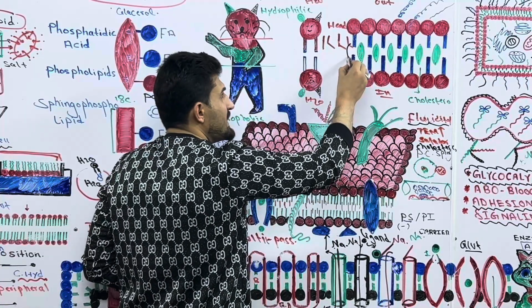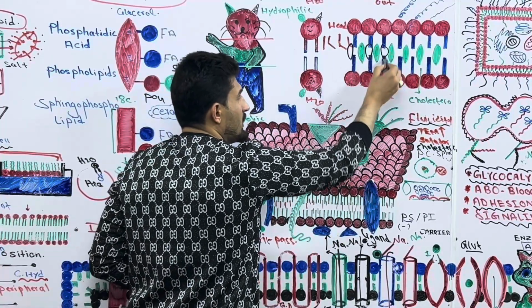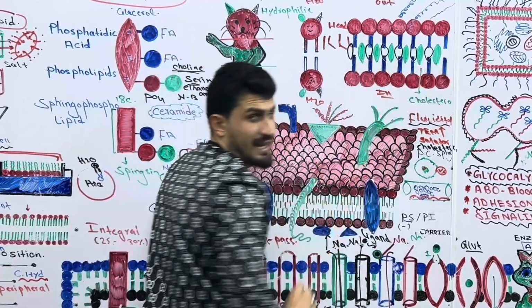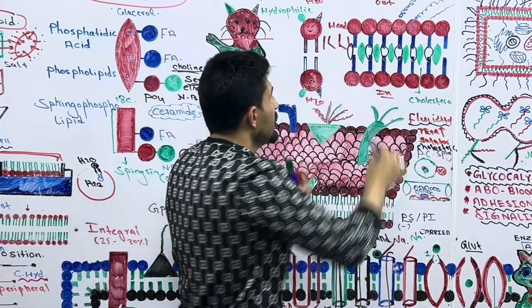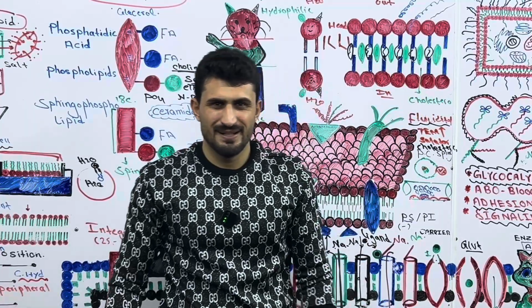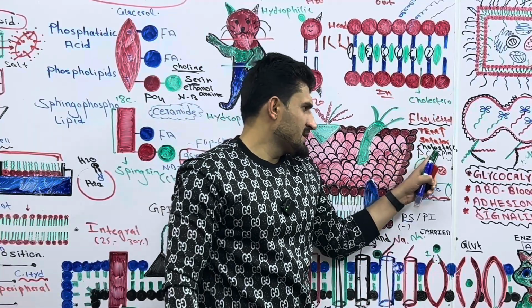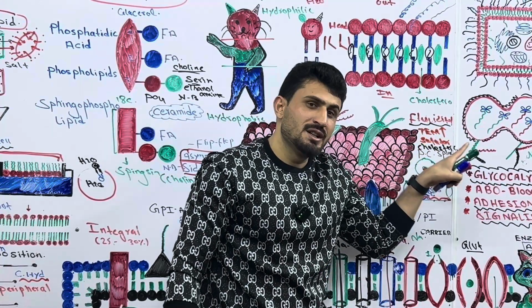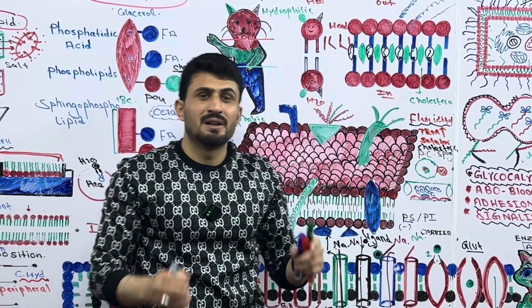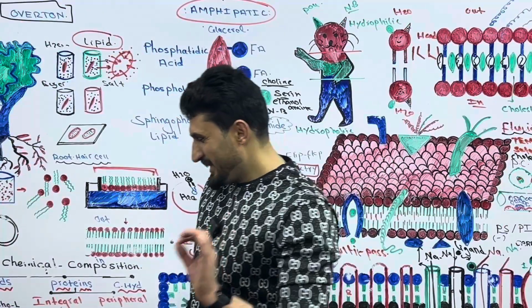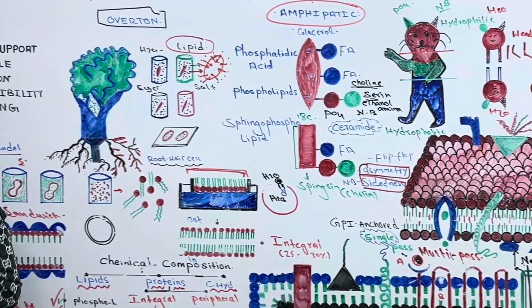So when we increase cholesterol molecules, they will fill these gaps, and finally fluidity or lateral fluidity decreases. So these factors are a little bit important, because with an increase or decrease of fluidity, the cell membrane will lose its normal functions. Got it? So now let me explain some important functions of the cell membrane.